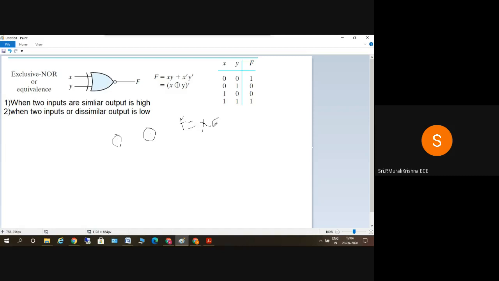XOR is a plus with a circle, while here it is a dot with a circle. And F is equal to XY plus X bar Y bar.